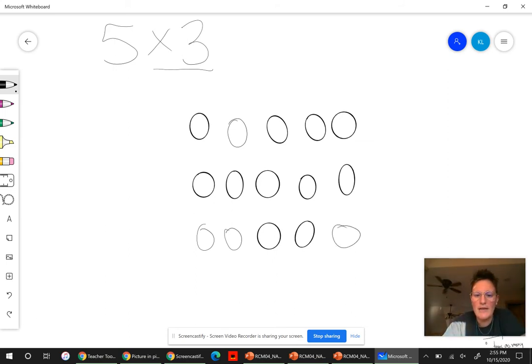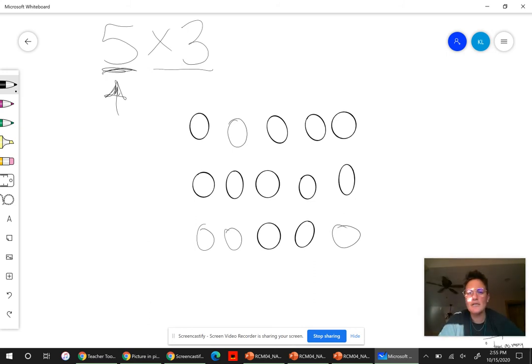Each row of my array has 5, which was my number that I started with. Then I drew 3 rows of those 5. Same way as the other times, I can solve it by skip counting each row, 5, 10, 15. I can skip count the other way by 3s, 3, 6, 9, 12, 15.